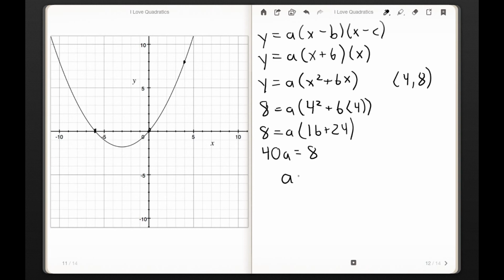So a is 8 over 40, which is 1/5. So this makes sense. It's a fraction, and we know that fractions mean that since it's a very low number, the y increasing is very low, so it's a much wider graph than what we usually see. Anyway, so now we're going to go back to this equation.